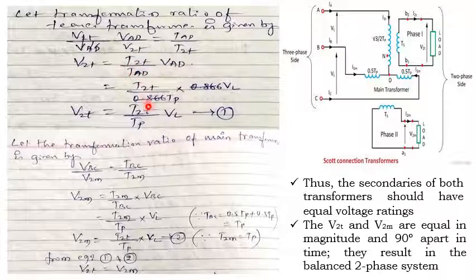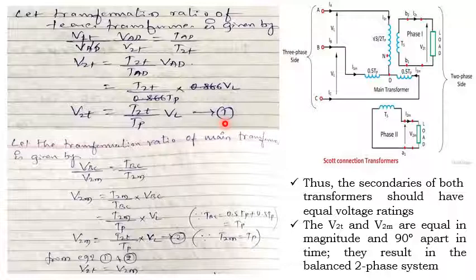TAD is 0.866 times TP. And VAD is 0.866 times VL, as we discussed in the earlier slide. The 0.866 and 0.866 get cancelled. Now V2T equals T2T divided by TP into VL. Call this equation number 1.